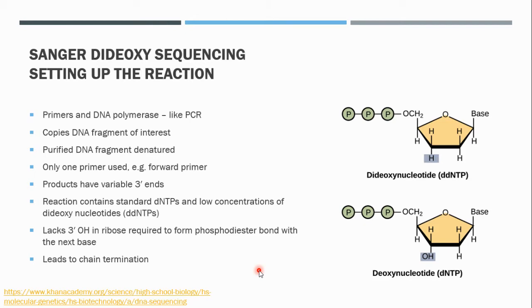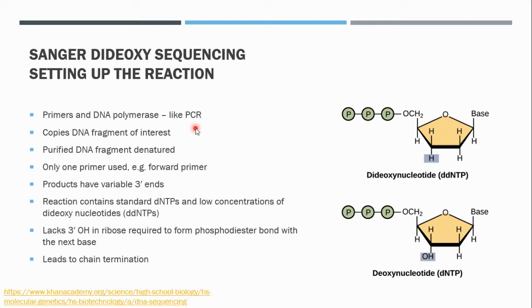So let's discuss Sanger or dideoxy sequencing in more detail. Similar to PCR, a Sanger sequencing reaction also contains primers and a DNA polymerase. During the sequencing reaction, a PCR product or target DNA is first amplified.